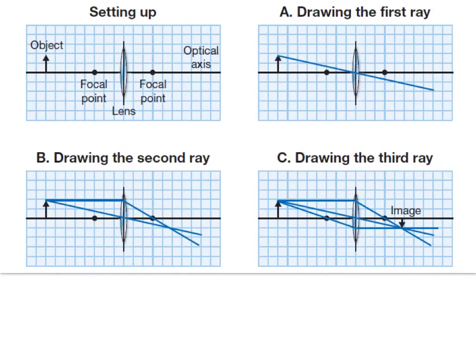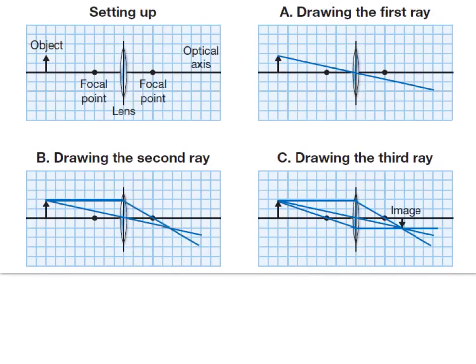Notice the second ray here starts at the top again, but it goes parallel to that axis until it hits the lens line. Once it hits the lens line, it's going to refract, and it will go directly through that focal point on the opposite side of the lens. So here these two have crossed, and we're going to have a pretty good idea of where the image will appear.